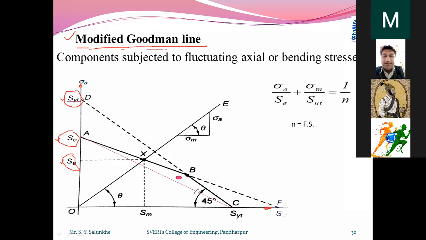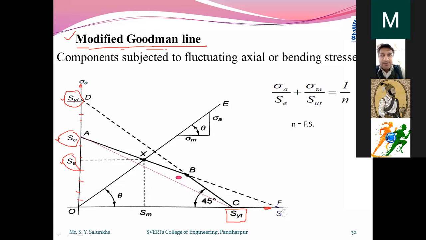So basically, on x and y the same values are considered. When we consider the ultimate stress value on the x-axis and the ultimate stress value on the y-axis, and if you join these two values, a triangle will be formed. Am I right? Under this triangle, if you take any value, it can be considered for the endurance limit or endurance stress.